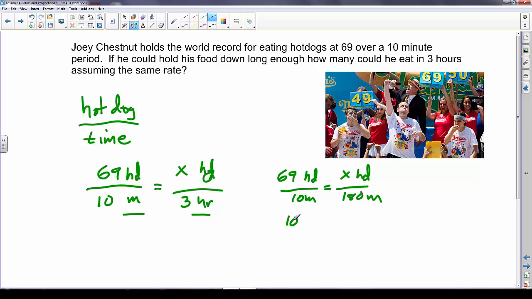So I've got 10x is equaling 69 times 180. If I multiply 69 times 180, I end up with 12,420.